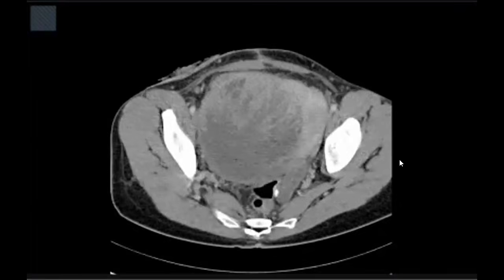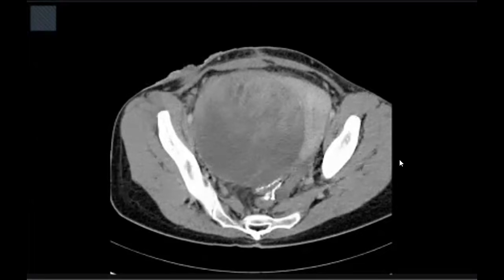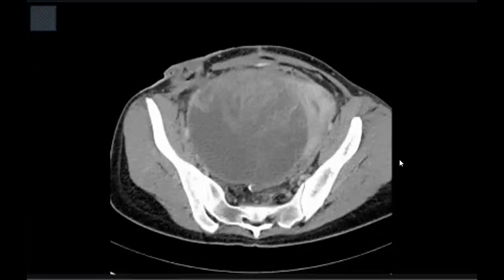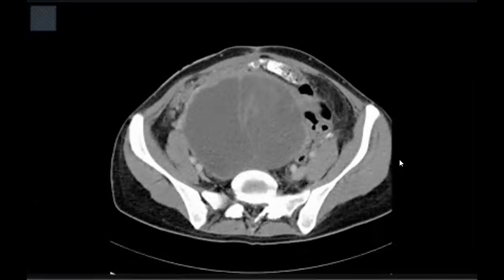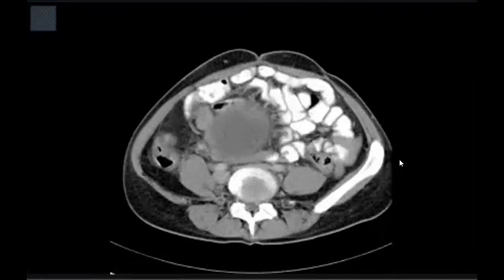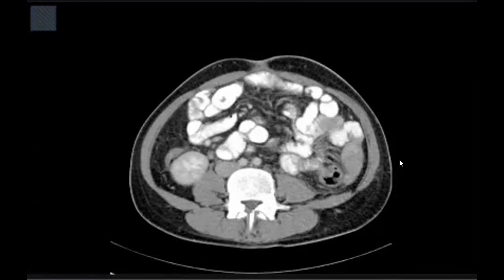I really want to see the other ovary and exclude if this lesion may be metastasis from other organ such as stomach or colon, to exclude Krukenberg tumor.